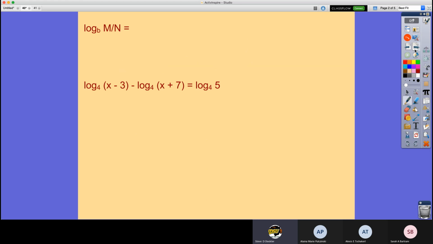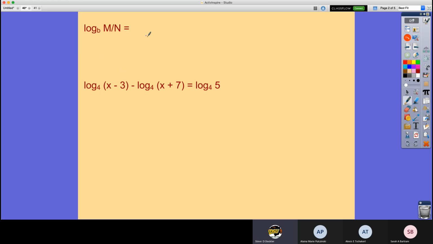If we have a product rule, we also have a quotient rule. We're going to do the same concept here. So we've got log b of m over n.